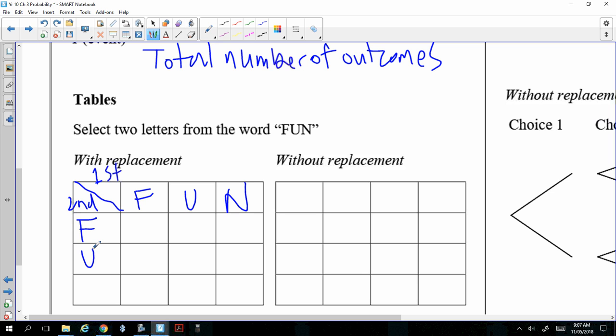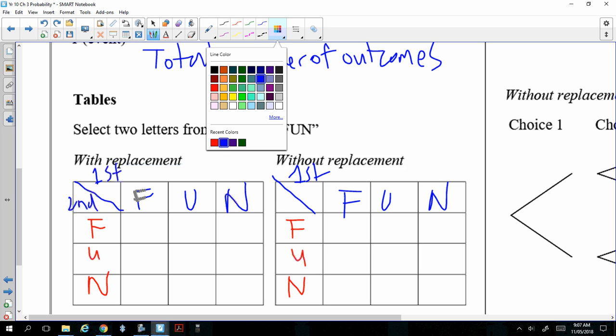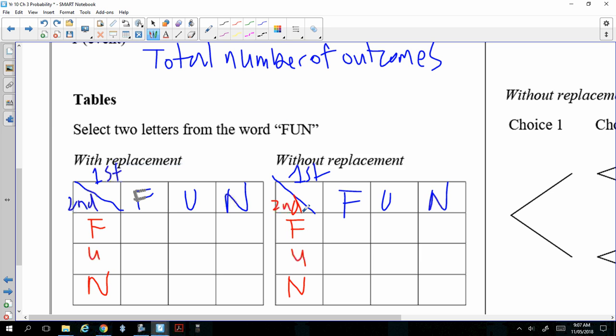But let's use a different color so you can distinguish between them. So I'm going to use the color red. Both are like this, and then the other one is FUN. First, and then the other one is second. Like that.